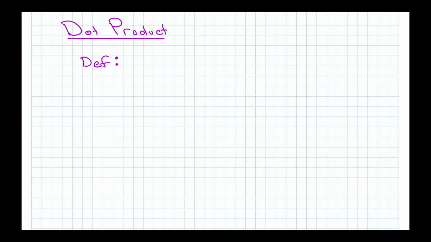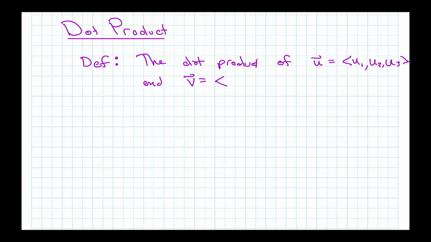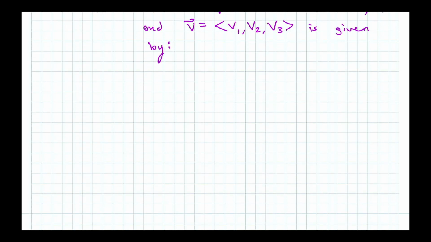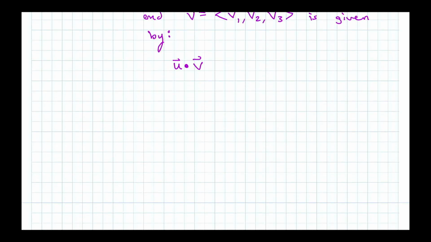So definition: the dot product of a vector u, which we're going to call u1, u2, u3, and v, which is going to be v1, v2, v3, is given by this formula. So we write it u dot v, right? That's why it's called a dot product.